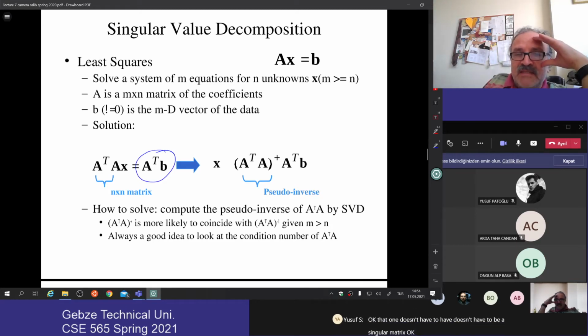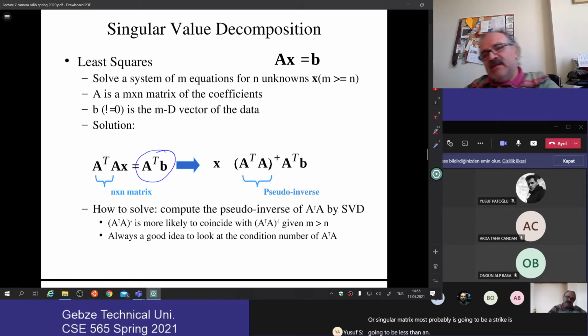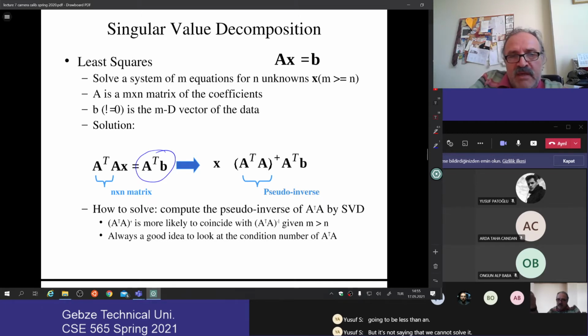It could be a non-singular matrix or a singular matrix. Most probably its rank is going to be less than n, but instead of saying that we cannot solve it, there's an equal here. This is going to be a good estimate of the solution in terms of the least squares algorithm.